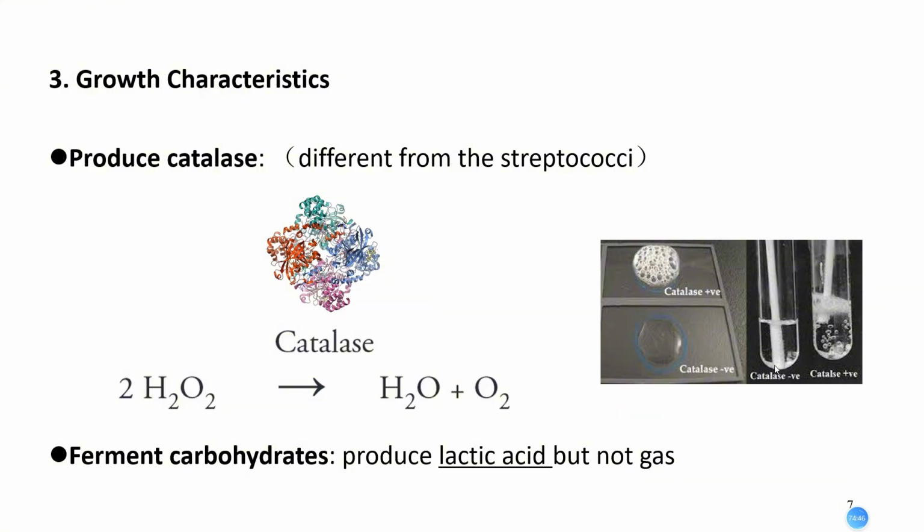Staphylococcus is able to ferment carbohydrates. But when it ferments carbohydrates, sugars, it produces lactic acid, but it does not produce gas. How can you detect the production of lactic acid? Do you remember?